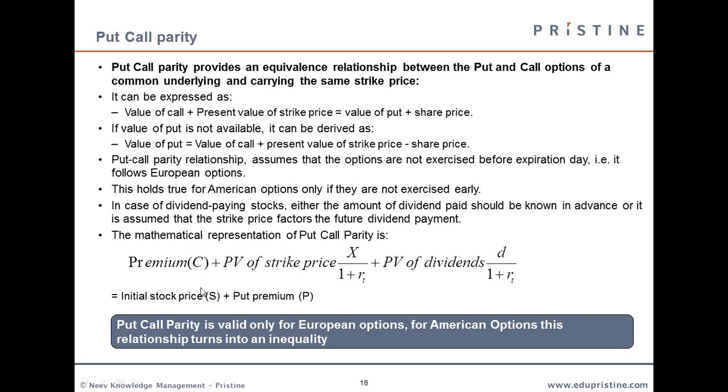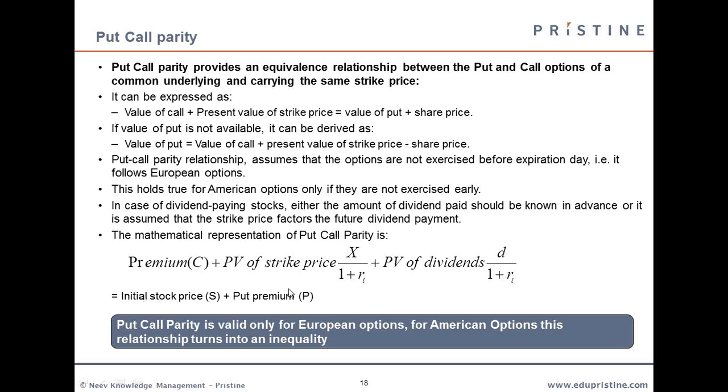So the mathematical equation can be put this way. The premium that we pay for call plus the strike price present value, which can be discounted. If the time is t, we can discount the strike price as x by (1 plus r) to the power t. Or if we have continuous compounding, we can write it as x e power minus rt, equal to the stock price plus the put premium.